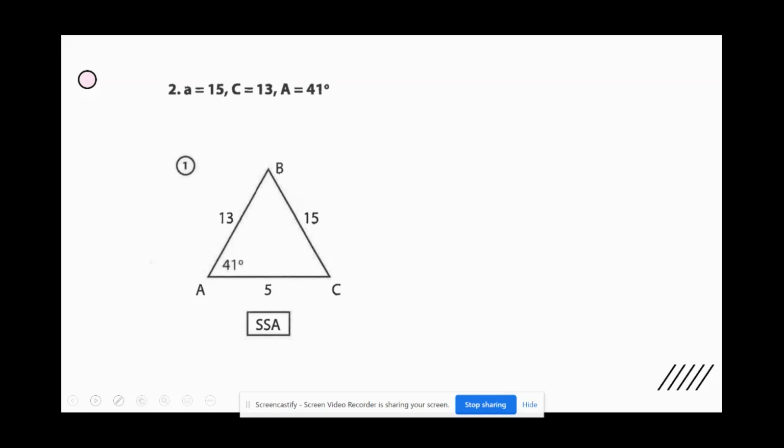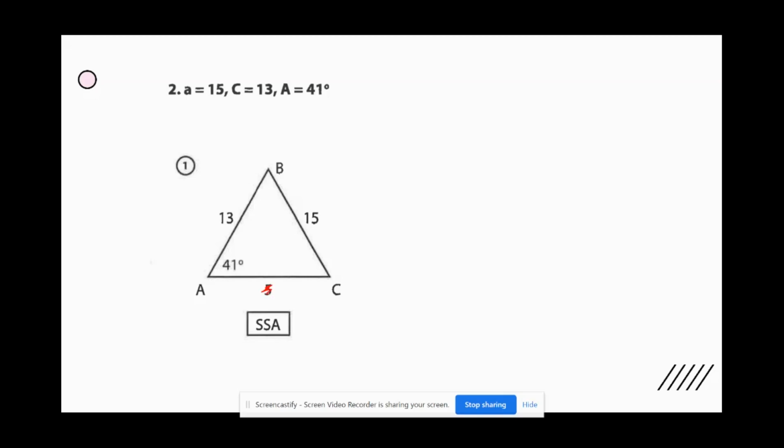So let's try another one. I have this other one right here, and we labeled our sides: 15, 13, and 41. Why did they put a 5 here? I'm curious.